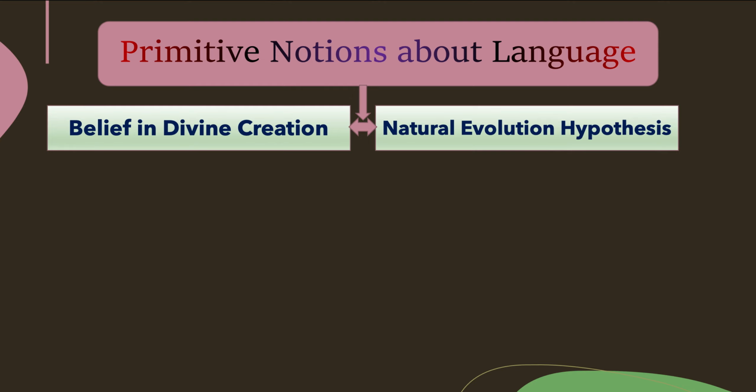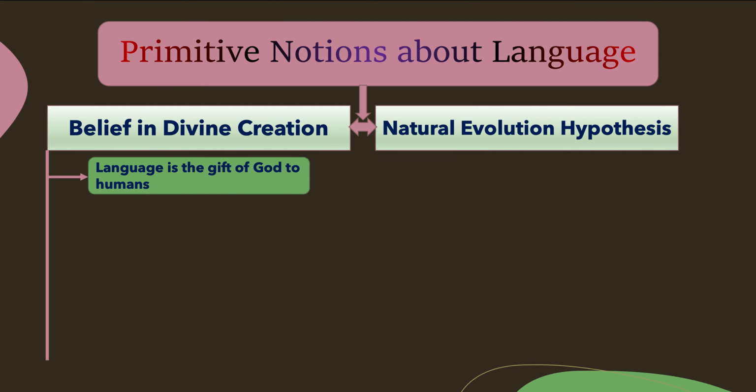So the first is belief in divine creation, and let's talk about this. Those who believe in divine creation believe that language is the gift of God to humans. God has given innumerable things to people, and language is one of them.